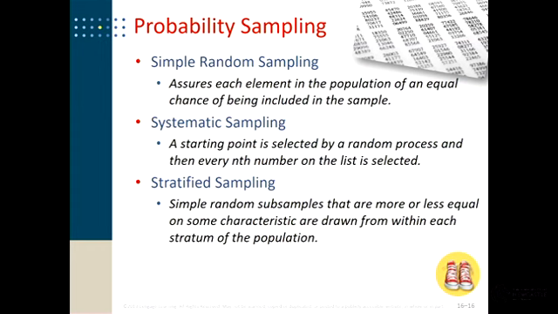Now under each stratum you pick up individual elements by simple random sampling. Okay, so the main difference between quota sampling and stratified sampling is, in quota sampling, the individual sampling element under each quota is collected on a non-probability basis, but here the individual sampling element under each stratum is selected on a probability basis. Okay.